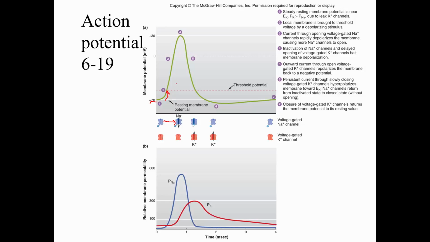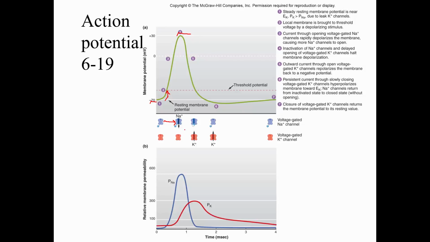And as sodium comes in, the cell gets more depolarized. And more sodium comes in and more depolarized, till we reach this peak of the action potential. What happens at this peak is that the sodium channels inactivate such that no more sodium can come in, and the permeability plummets.